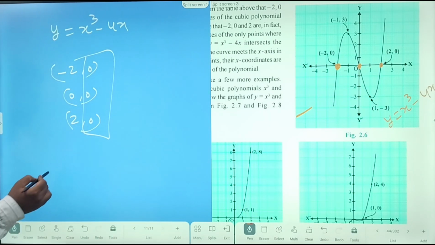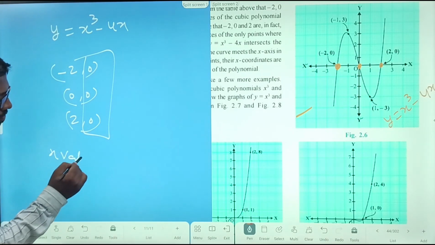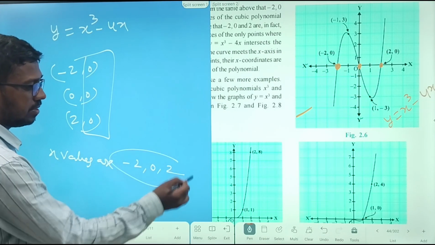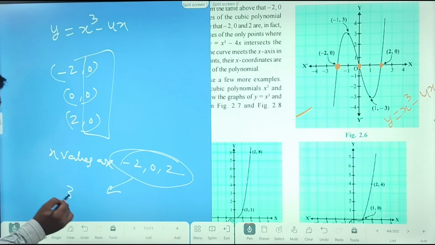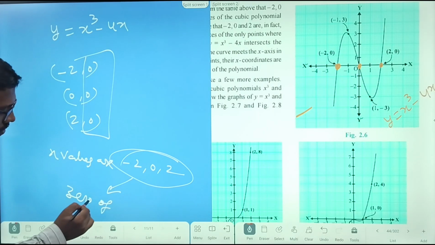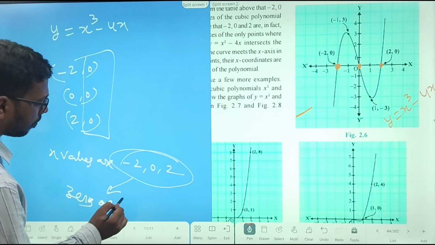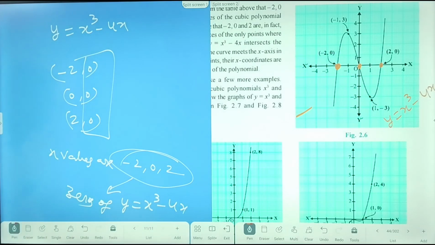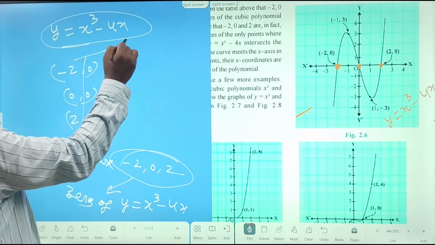Now the x values are minus 2, 0, 2. These are the zeros of the given cubic polynomial x cube minus 4x. Already we know that for a cubic polynomial there will be a maximum of 3 zeros.